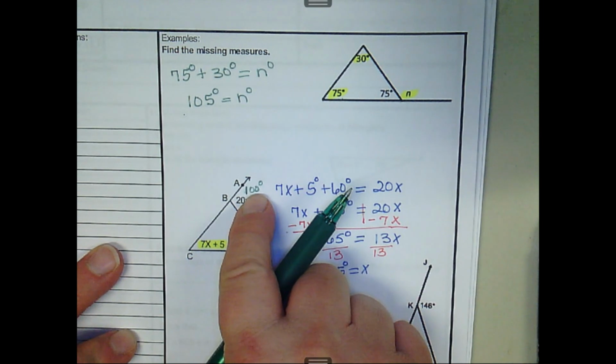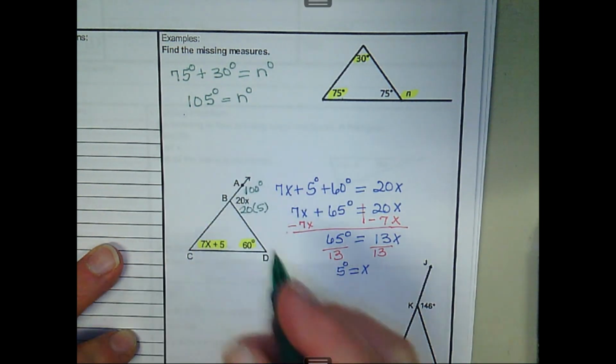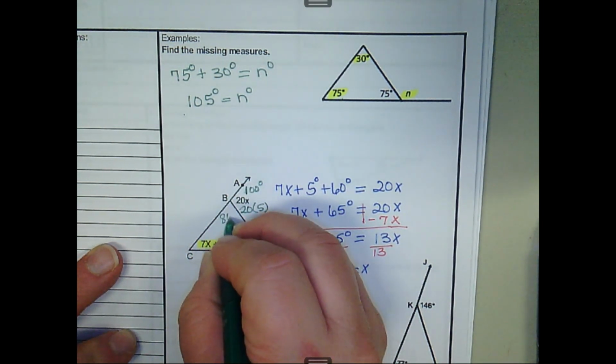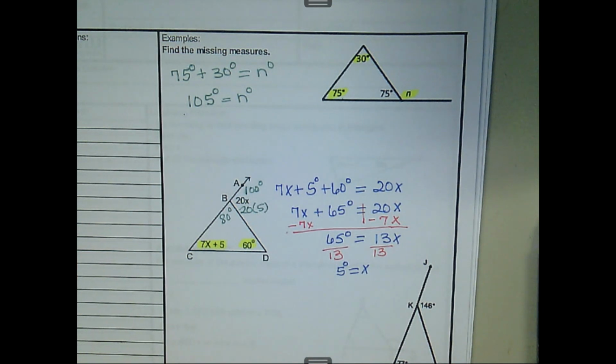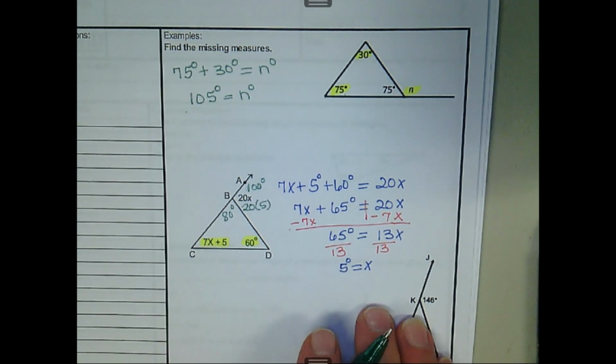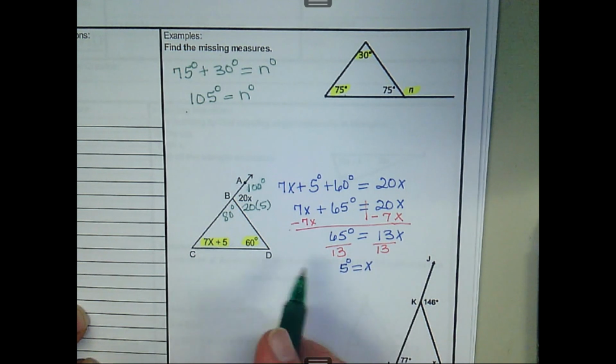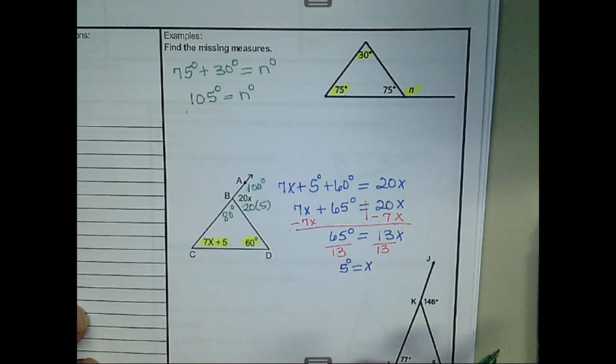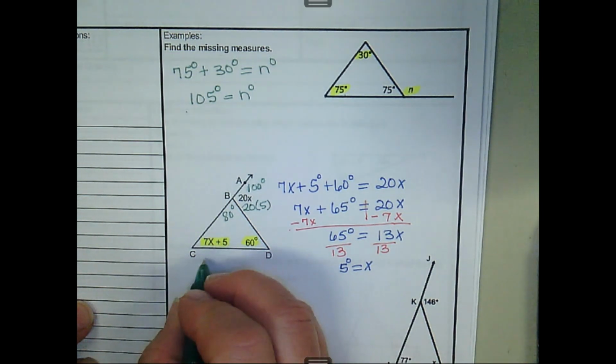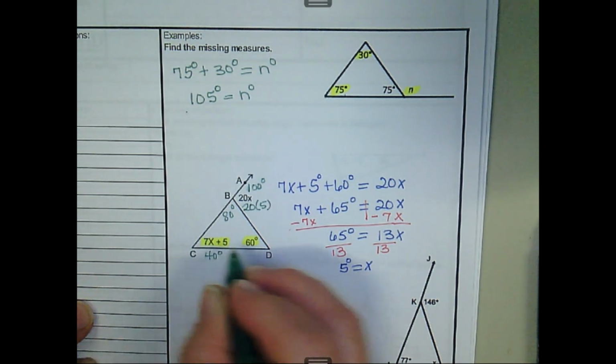So if this is 100 degrees, this makes a line. This has to be 80 degrees. Okay, now I can either substitute in or I can use the triangle sum theorem. 60 degrees plus 80 degrees is 140 degrees. 180 minus 140 will give me 40 degrees.